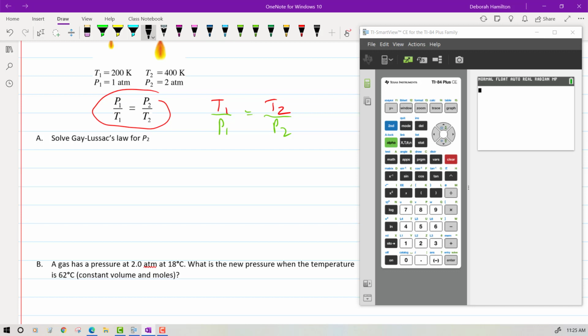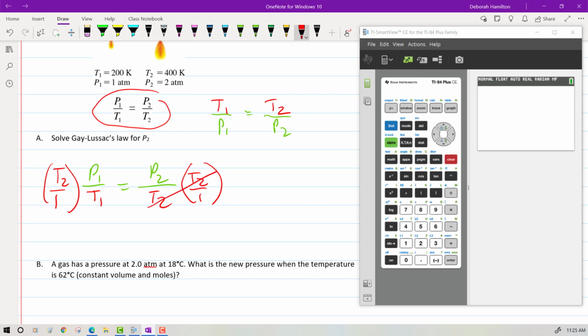T1, T2 is on the bottom and P1, P2 is on top. We multiply by T2 over 1. I hope you remember clearing terms from your math class. That gets rid of T2 on that side.